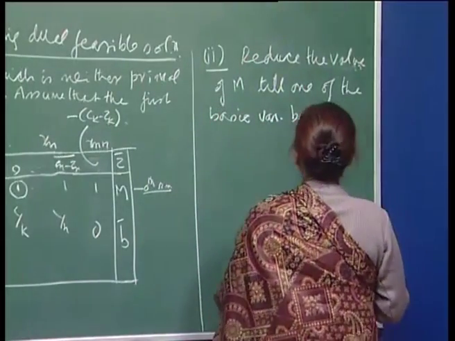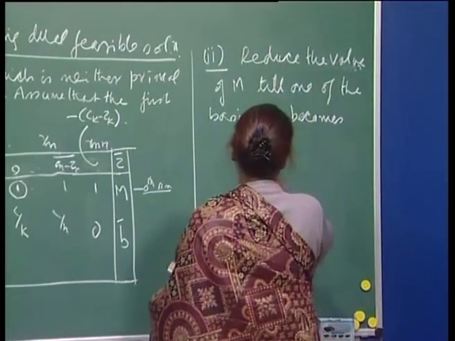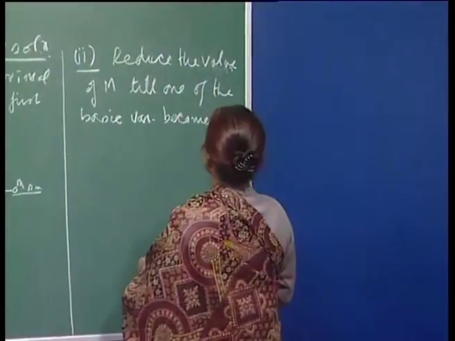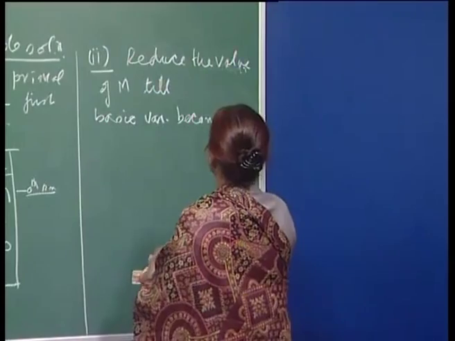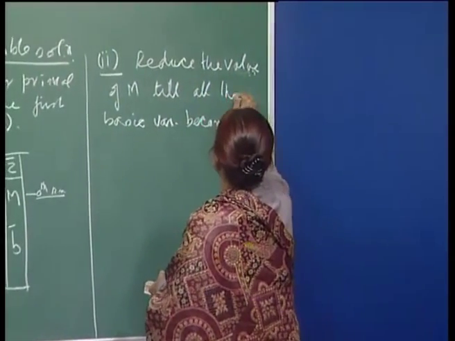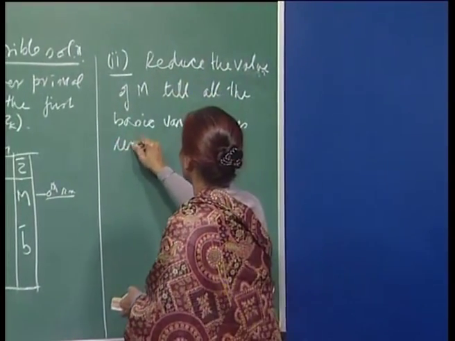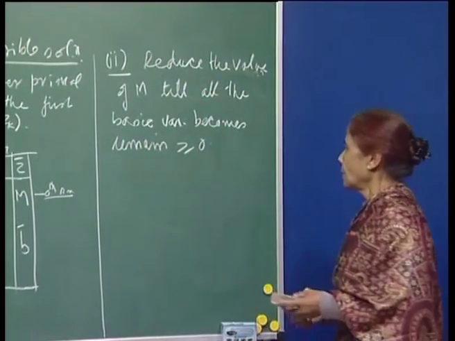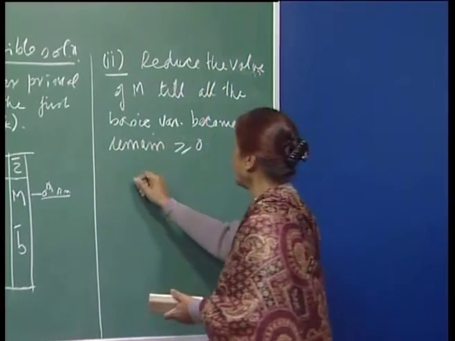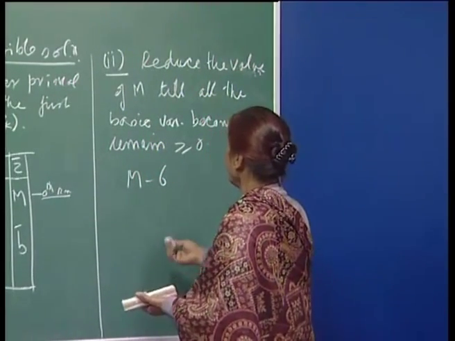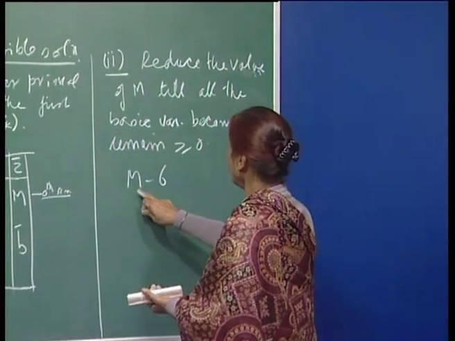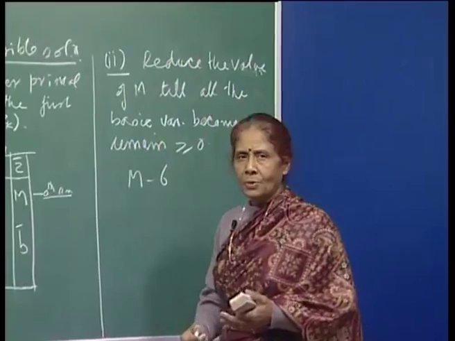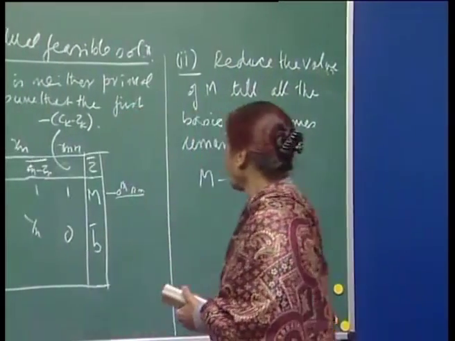So you have to reduce the value of M till all the basic variables remain greater than or equal to 0. For example, if you have the value M minus 6, then you can reduce M up to 6, because after that one of the basic variables will become 0, right.